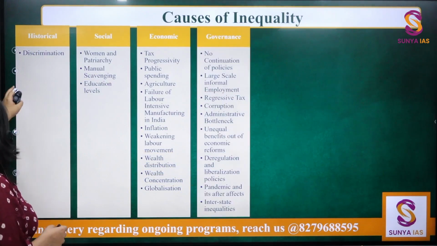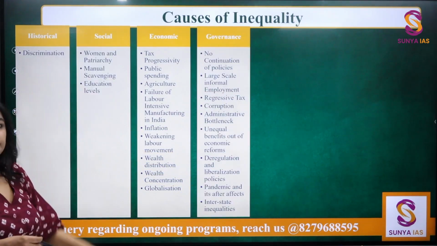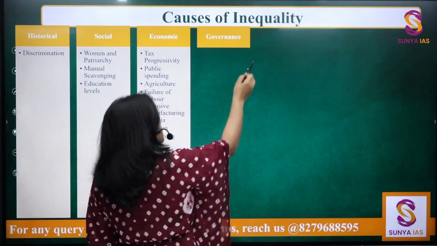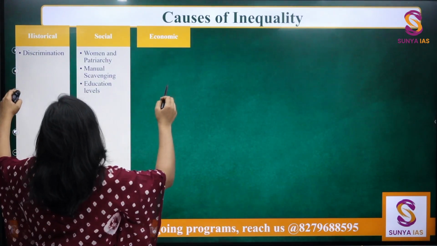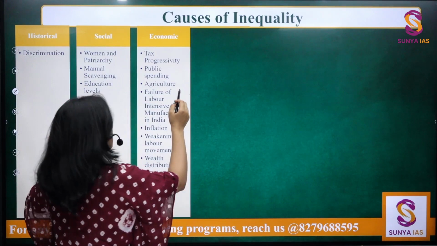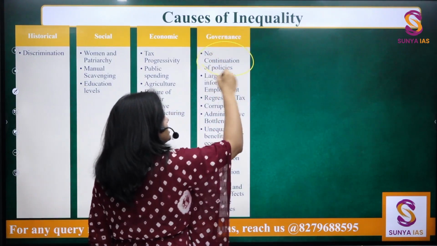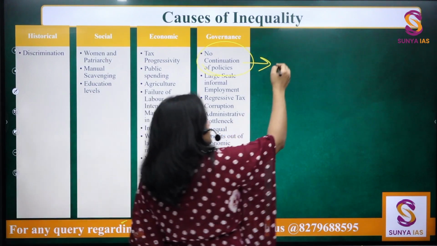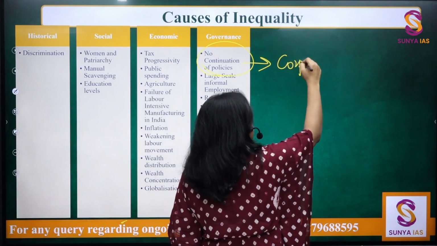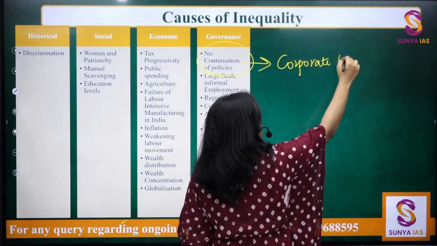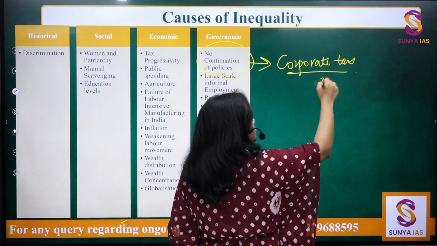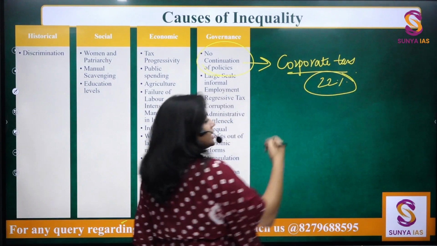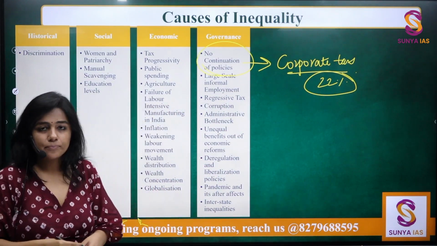Then when we talk about governance, there is no continuation of policies. So for example, let me tell you, it has been a few years now, but the corporate tax was reduced to a standard 22% for all the corporates, right?